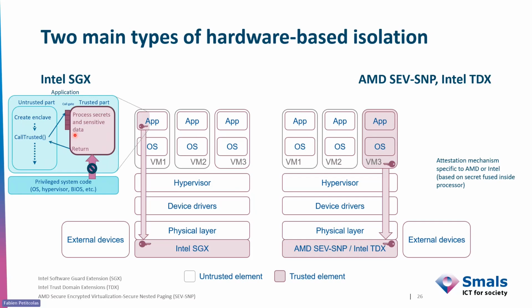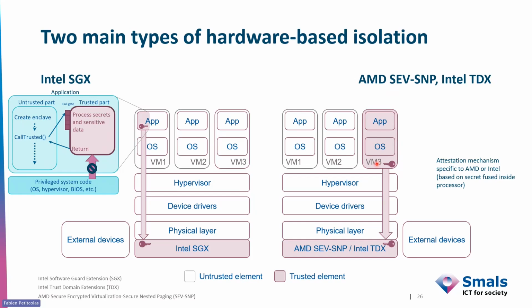A different approach was proposed by AMD first, and it's with the secure encrypted virtualization and secure nested paging technology, SEV-SNP. And what AMD offers is a way to encrypt entire virtual machines.